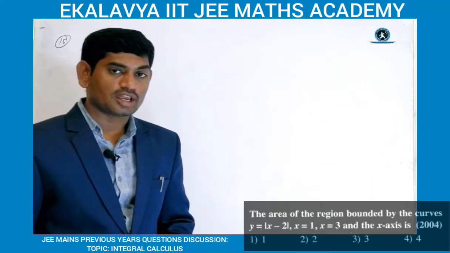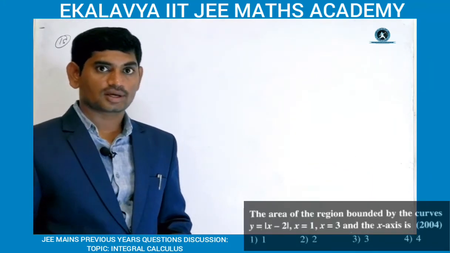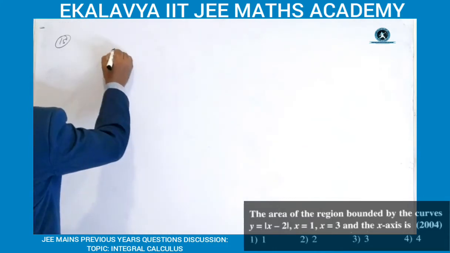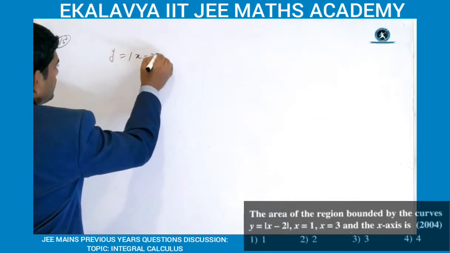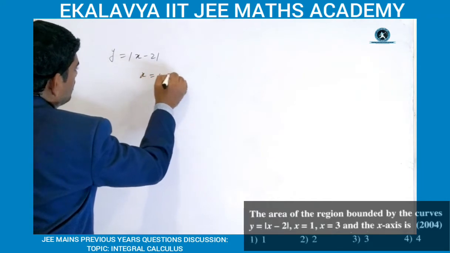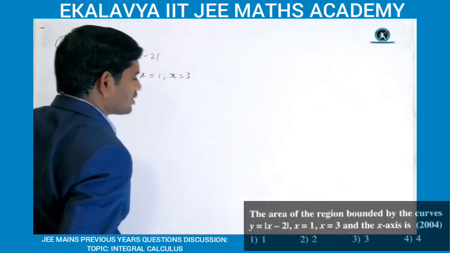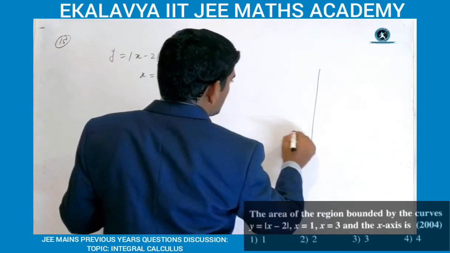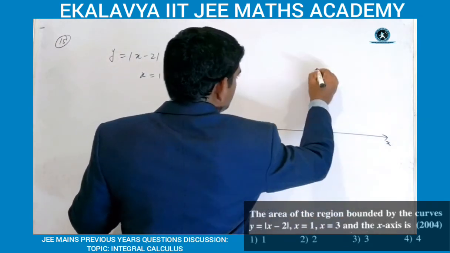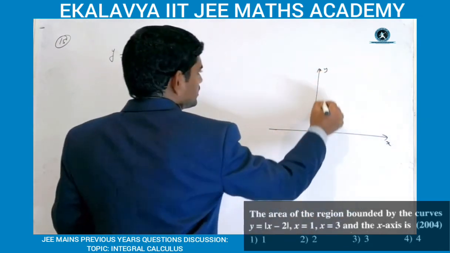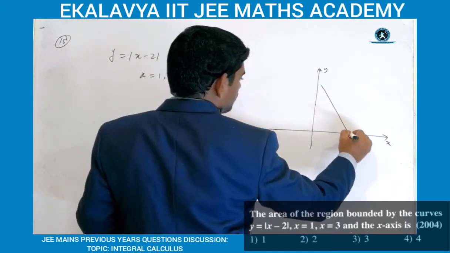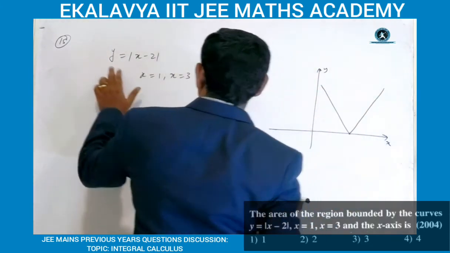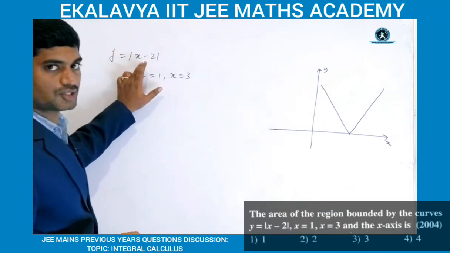Next question: the area of the region bounded by the curves y is equal to modulus of x minus 2, x is equal to 1, x is equal to 3, and the x axis. By using the graphical method I am going to solve this one. x axis, y axis, and this is the graph of y is equal to modulus of x minus 2.